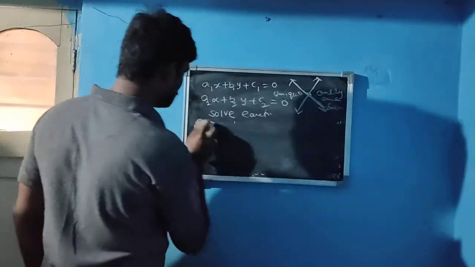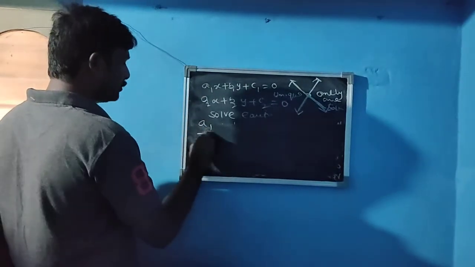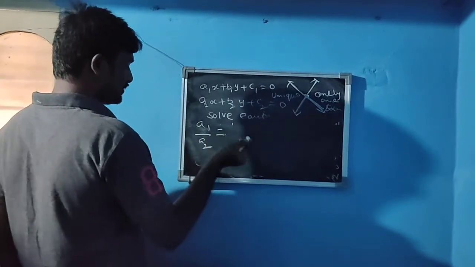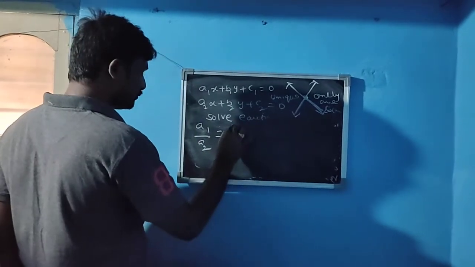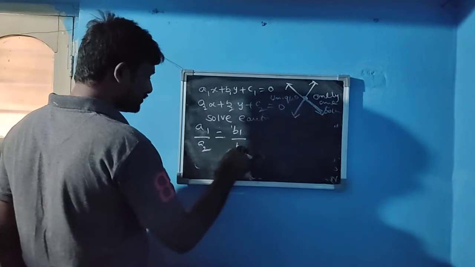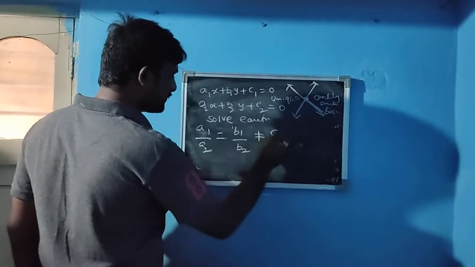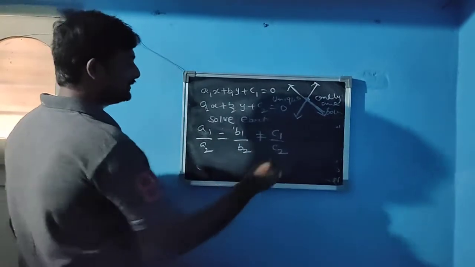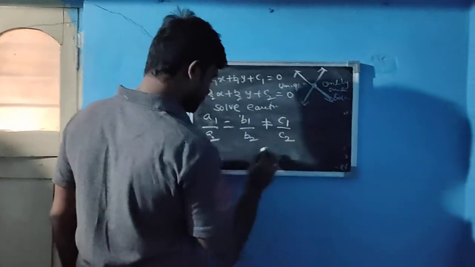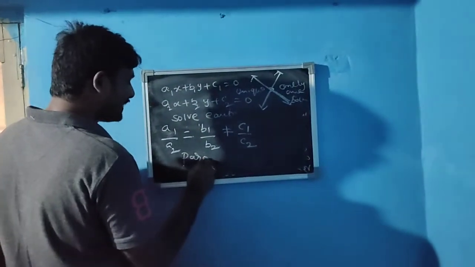Next, suppose a1 by a2 is equal to b1 by b2 not equal to c1 by c2. These lines are called parallel lines.